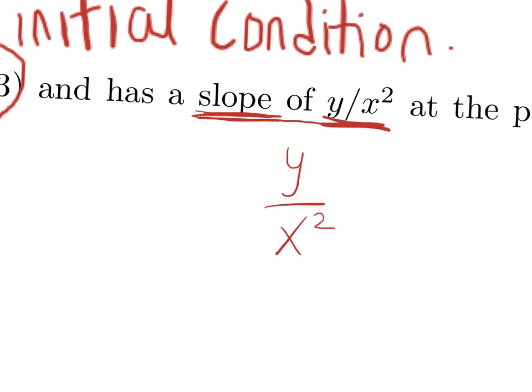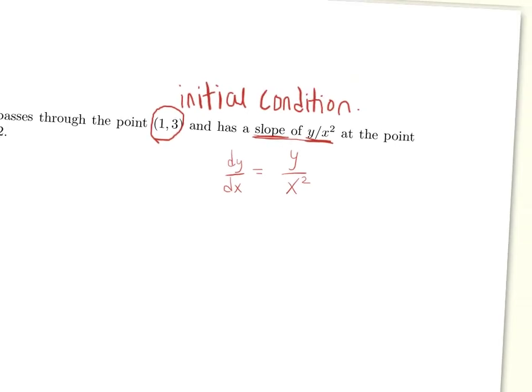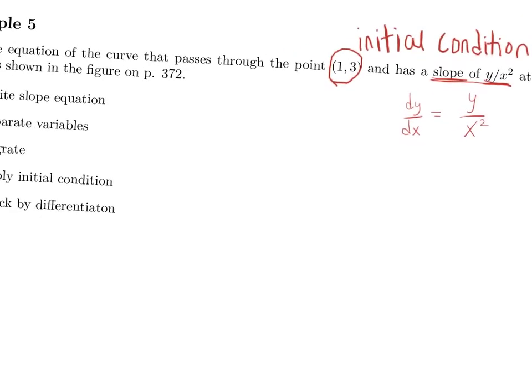What word do we associate with slope? Derivative. That means the derivative is equal to y over x squared. So the derivative is y over x squared. That's our differential equation.